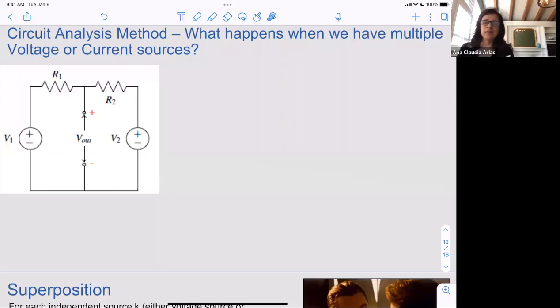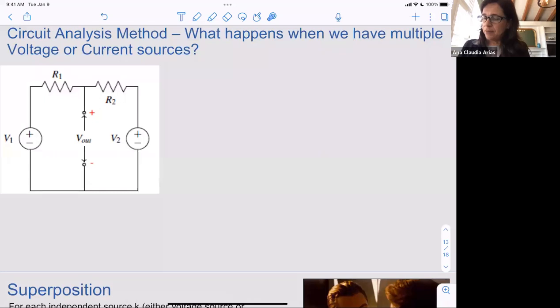So now we can do analysis of a more complicated circuit. What's the first reaction that you have when you see a circuit in front of you? Oh, circuit, I don't understand. No. First thing we do is label the things we know, right? So let's do that. What's different about this circuit?